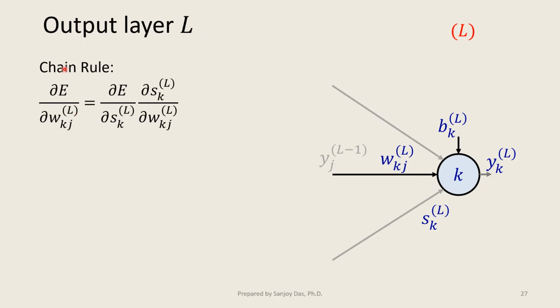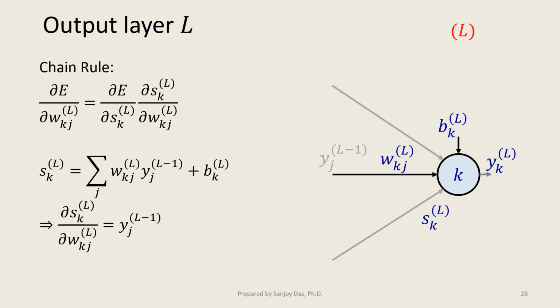So we'll first find out the derivative with respect to this weight wkj^L. This is equal to partial E over partial sk^L times partial sk^L over partial wkj^L. What we did was we use the chain rule, and so we differentiated with respect to this first, and then we differentiate with respect to this.